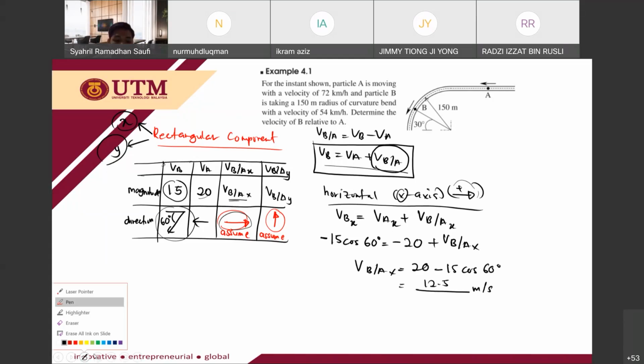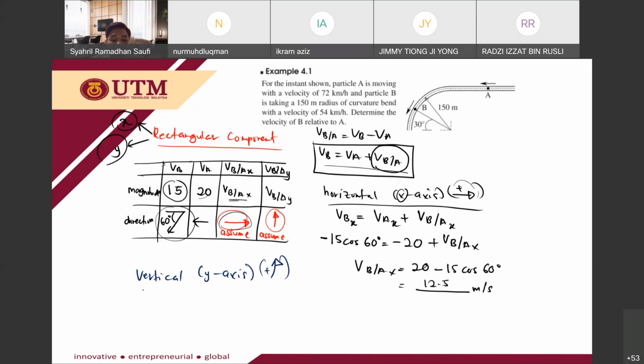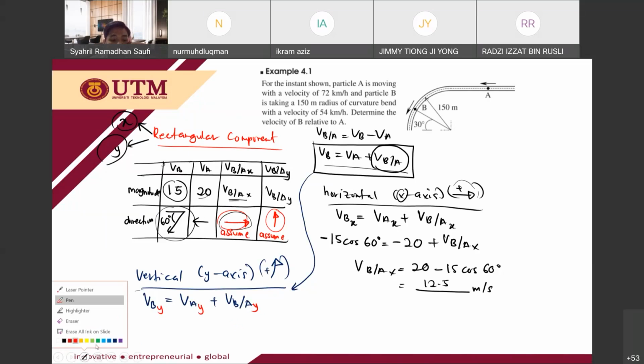All right, then you go to the vertical component, which is the y-axis. Upward is positive; we assume upward positive. So the same thing, we will use the general equation in the y-axis. We have VB equal to VA plus VB through A. Since we do it on the y-axis, VBY, VAY, and VB through AY. So we substitute based on this table.